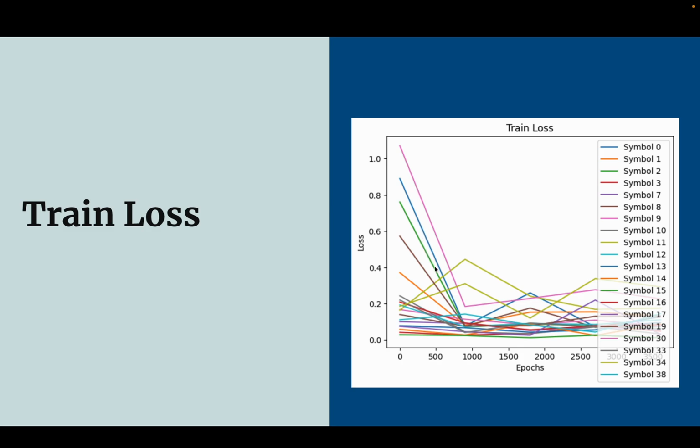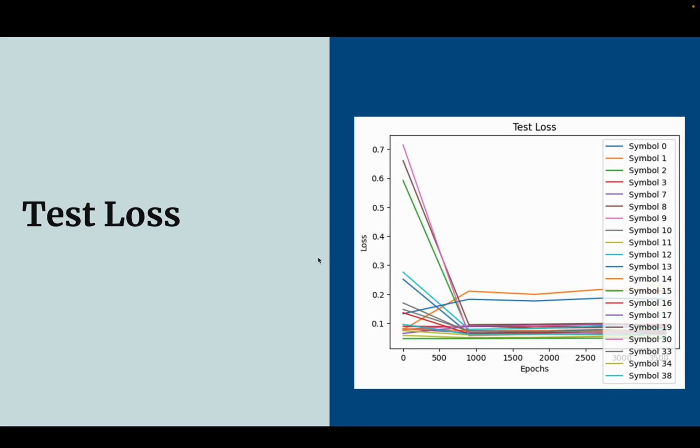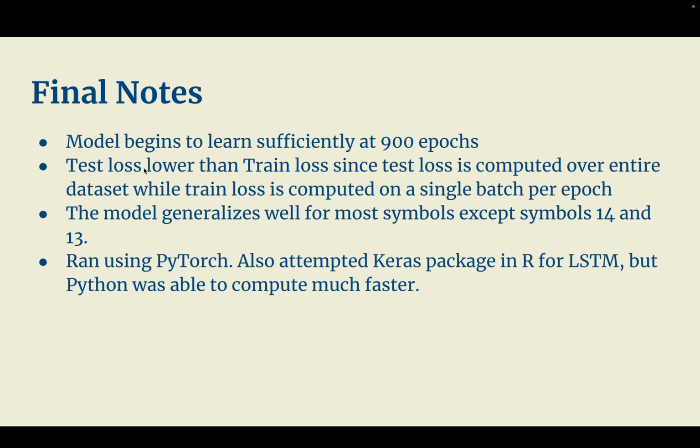And then you can also see some other differences in symbols that are less easy to understand. You can also see the loss over here. Similarly, there are some that do very well and some that do somewhat poorly because they don't generalize as well. And I'll explain some of them in the final notes.